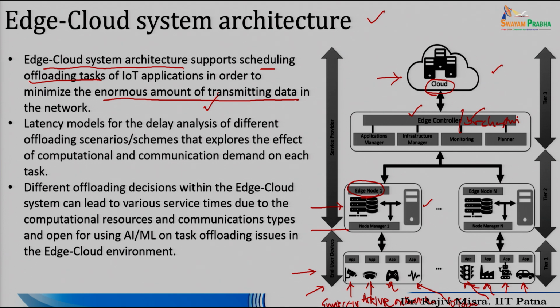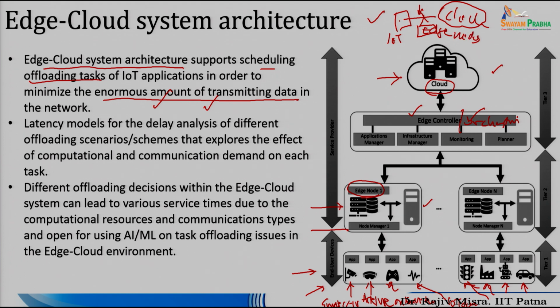Meaning to say that if you have an IoT device or a connected device directly connected to the cloud, then the network will have an enormous amount of data being transmitted. To avoid this, not all the data from the IoT will be sent to the cloud, but in between there is a system called an edge, a system of edge nodes.